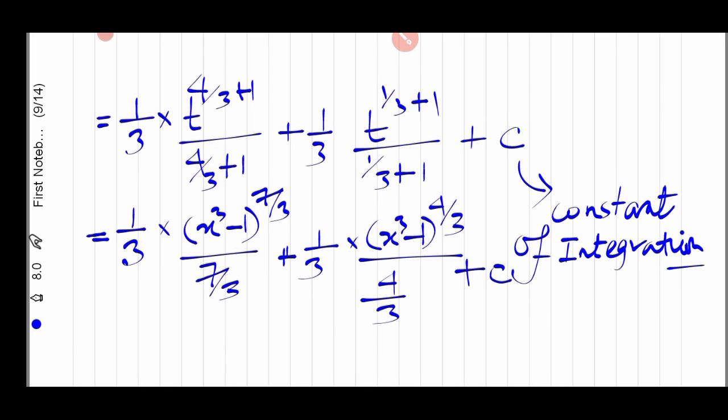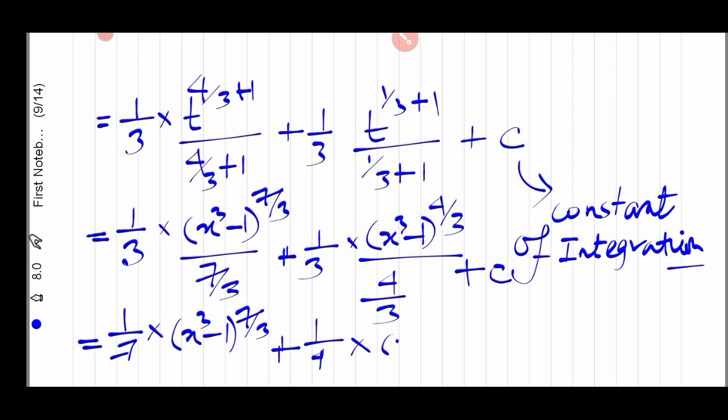Now from here we have 1 by 7 into (x cube minus 1) whole to the power 7 by 3 plus 1 by 4 into (x cube minus 1) whole to the power 4 by 3 plus c, which is the required answer for this problem.